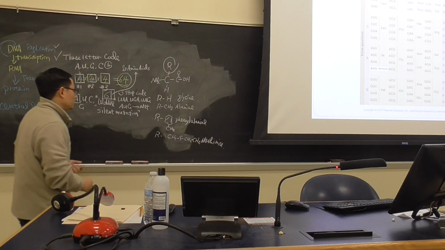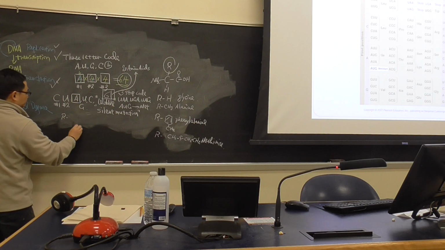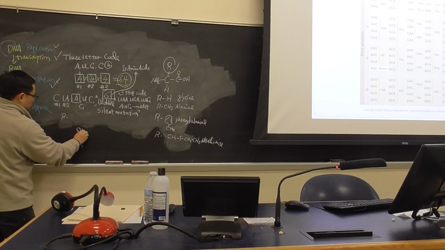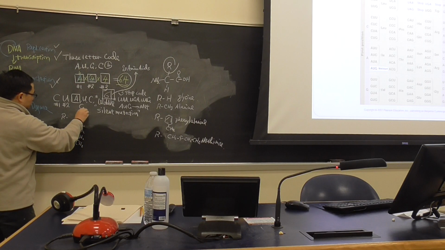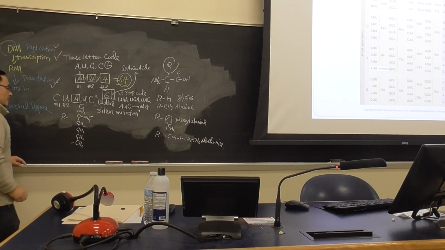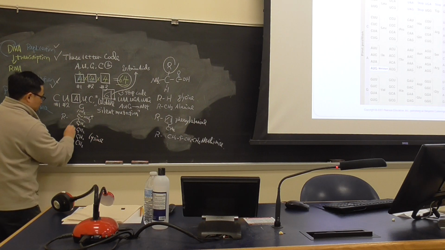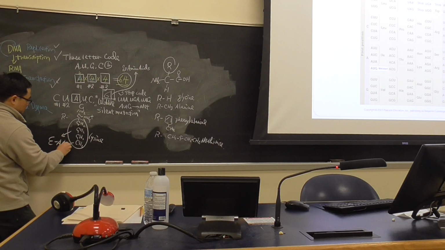We got more complicated. If the R side chain is CH2, CH2, CH2, CH2, and go C, NH2, NH3 plus, what we call this guy? Lysine. And this is called epsilon amino acids.